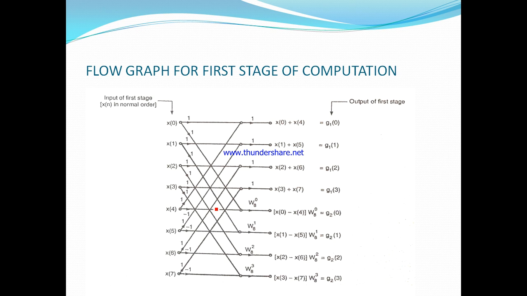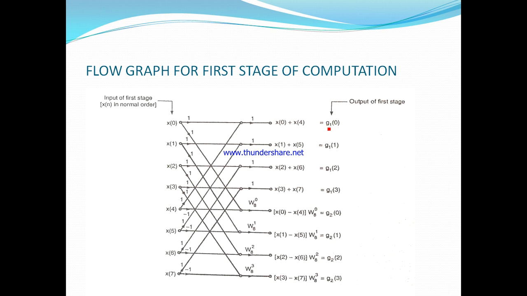Always in the 8-point DFT, the last 4 lines are multiplied with -1. So this point receives the signal x of 0, and also x of 4. So you will get x of 0 plus x of 4 equal to G1 of 0.